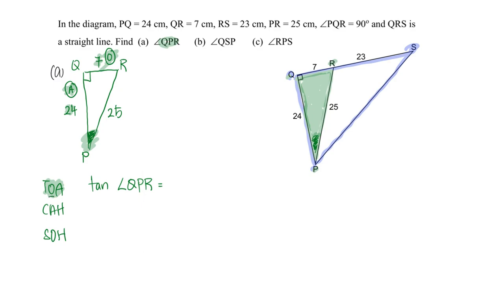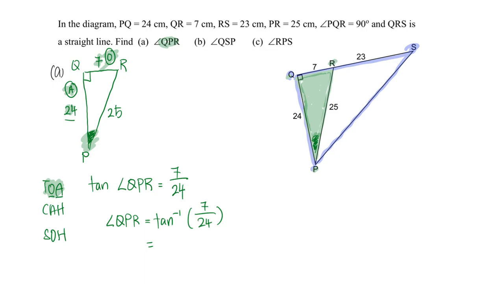Opposite, which will be 7, over adjacent side, which will be my 24. And therefore angle QPR is the tangent inverse of 7 over 24.